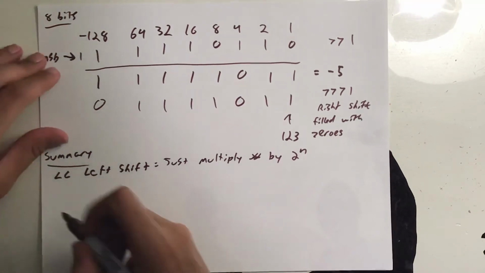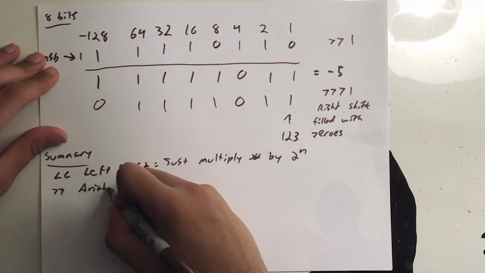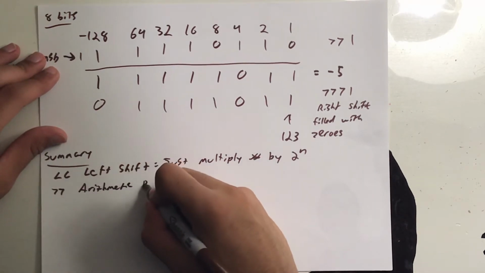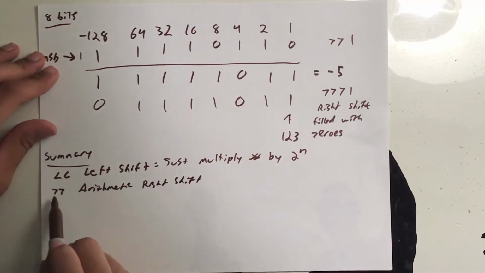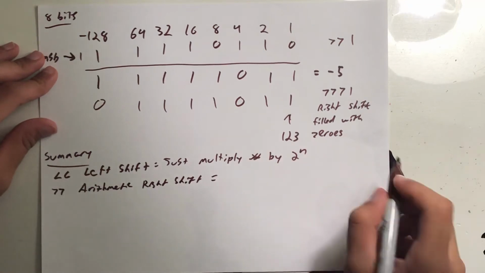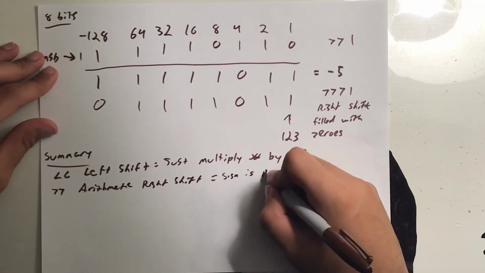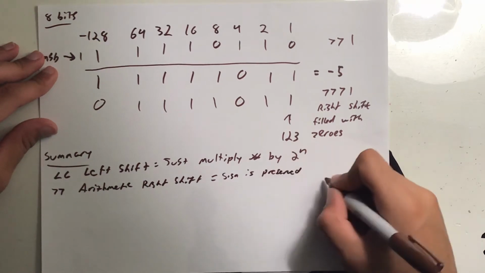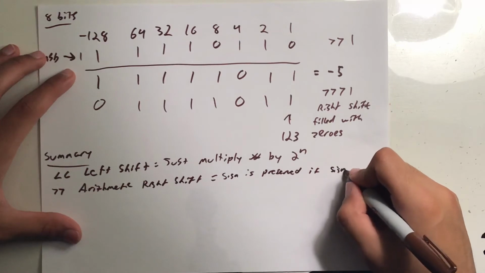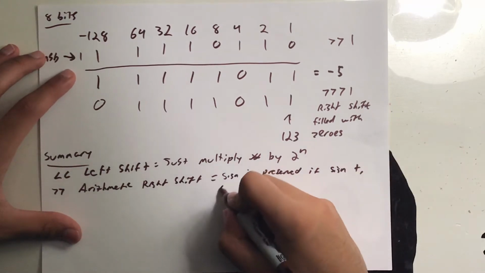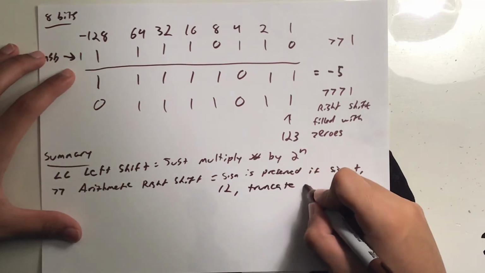Now, when we do arithmetic right shift, which is the 2 greater than signs, sign is preserved. If the sign is positive, divide by 2, truncate the decimal if needed.